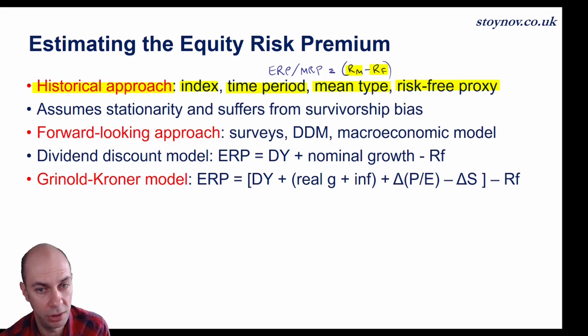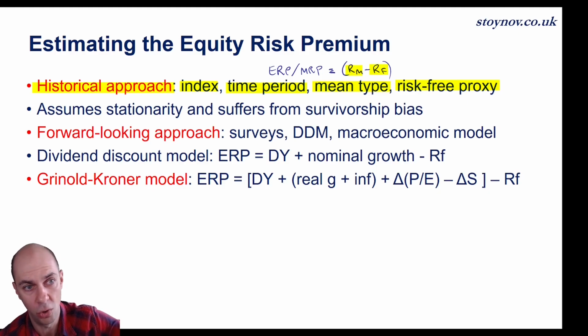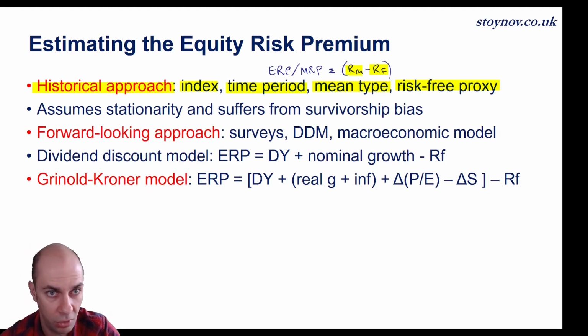There are pros and cons. The 3-month Treasury is a lot less risky, certainly from a reinvestment perspective, and interest rate risk perspective, and even inflation perspective. But the 30-year Treasury better aligns with the long duration of equity. Remember, if you're valuing long-term equity, you should be matching this with long-term risk-free rates.